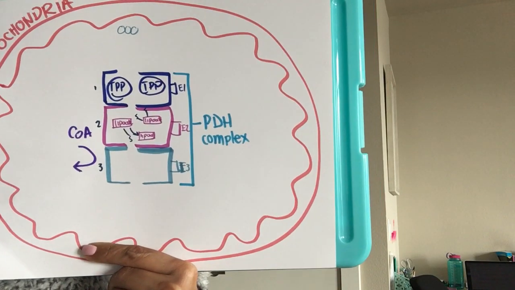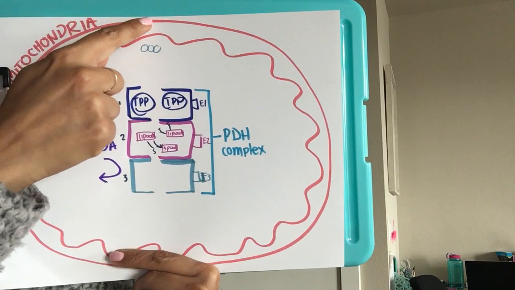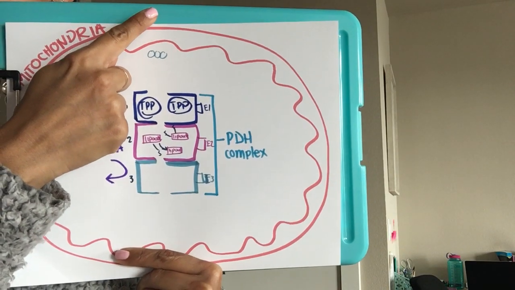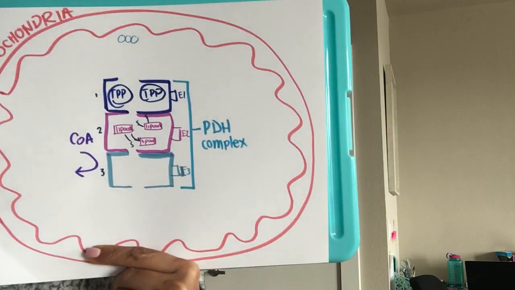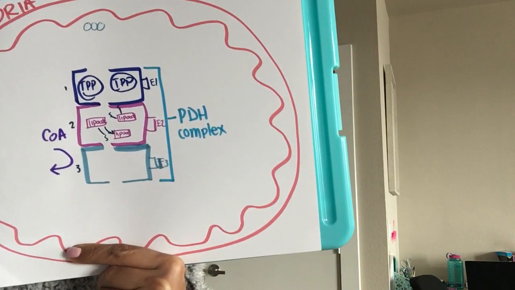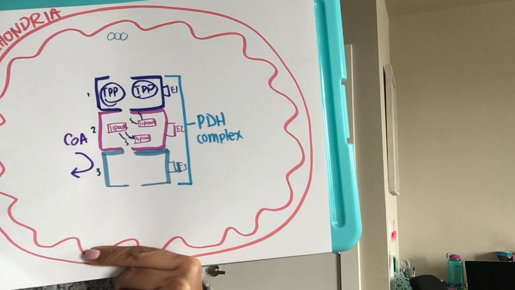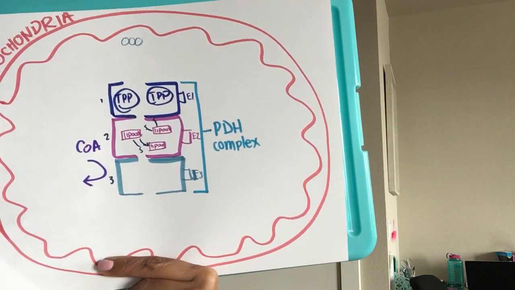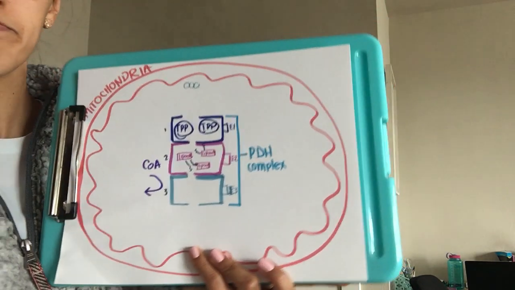So basically, when the pyruvate crosses the mitochondria, it becomes an acetyl CoA group. The 3-carbon molecule of pyruvate is converted into 2-carbon acetyl CoA.